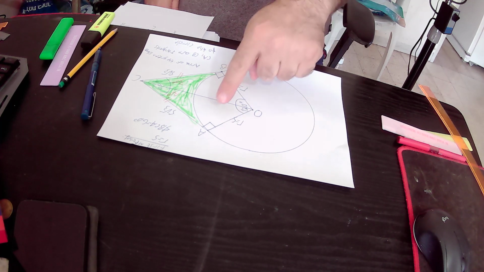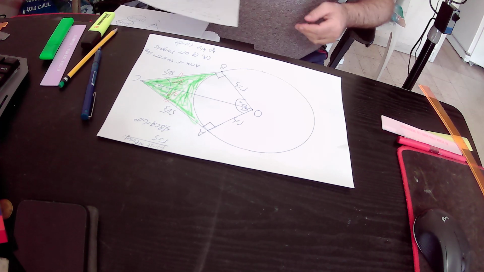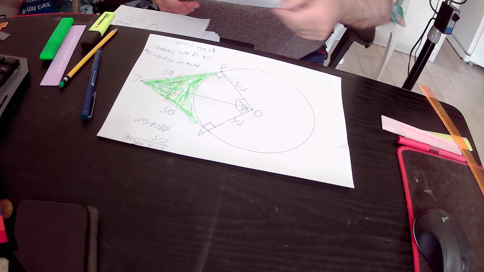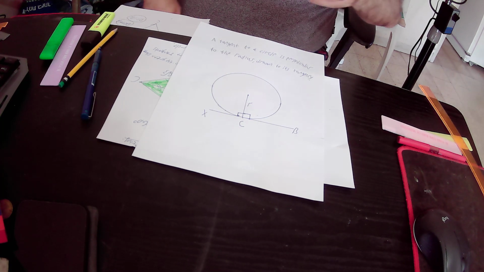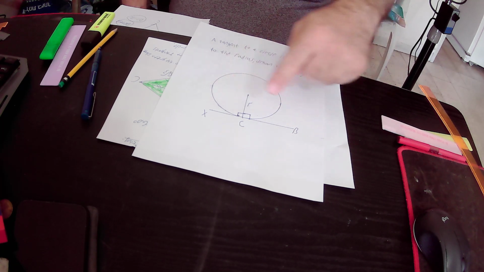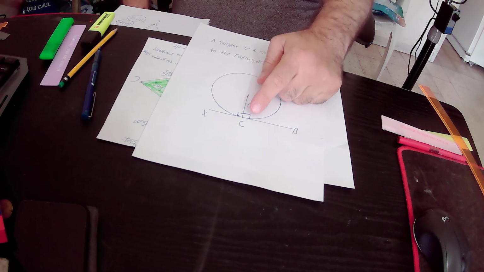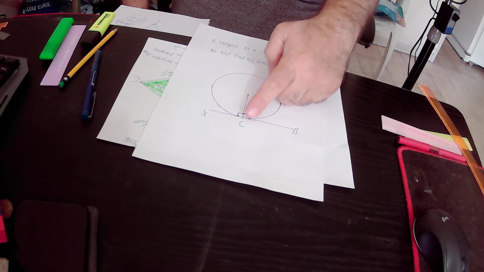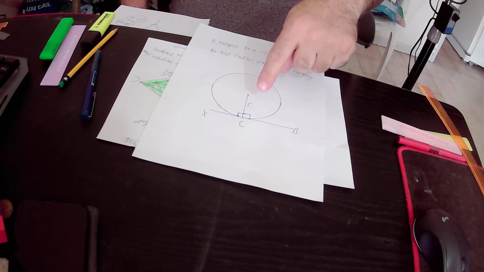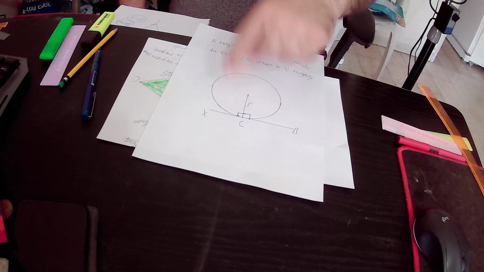And this angle is 90 degrees, and this angle also equals 90 degrees, according to the rule that a tangent to a circle is perpendicular to the radius drawn to its tangency. So, according to this rule, if we have a circle and a tangent BX to this circle at point C, and we have the radius drawn to the point of tangency, that is to say to point C, then the tangent BX will be perpendicular to this radius, that is to say this angle will be equal to 90 degrees and this angle will also be equal to 90 degrees.